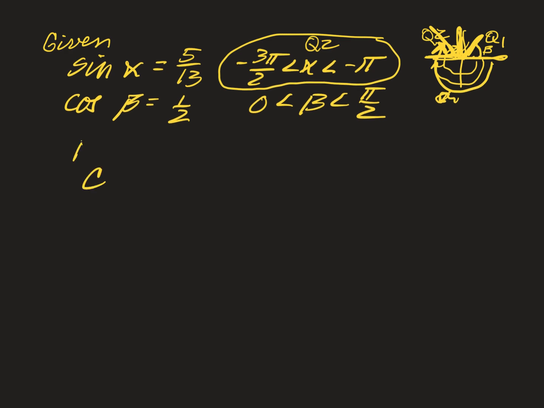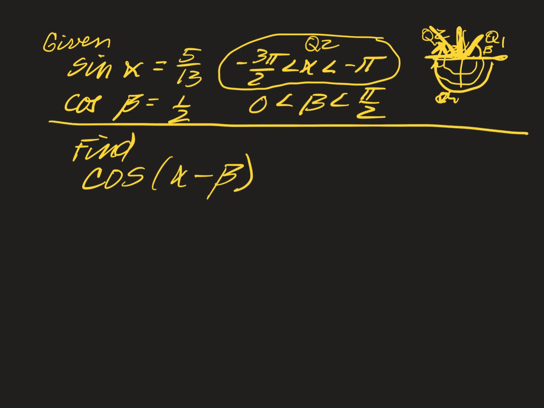Find the cosine of alpha minus beta. So they give you the information up here. These are really telling us what quadrant they're in, and I think in your lessons they just tell you the quadrant. They don't write it out like this, but I'm grabbing this from another book, and so I thought I'd explain that to you. All right, so we want to find the cosine of alpha minus beta, okay?